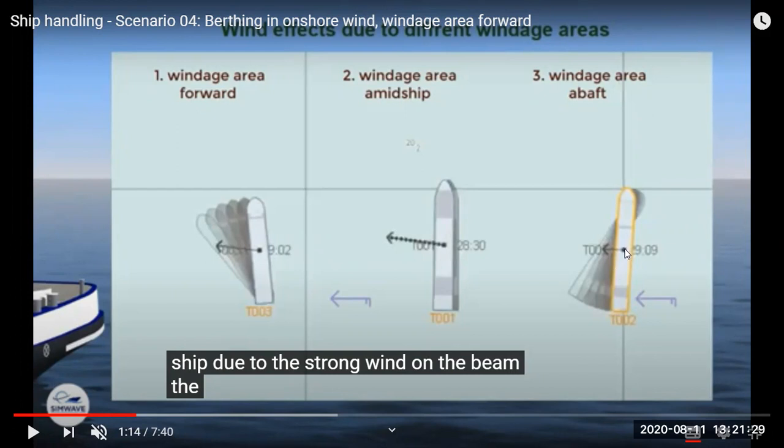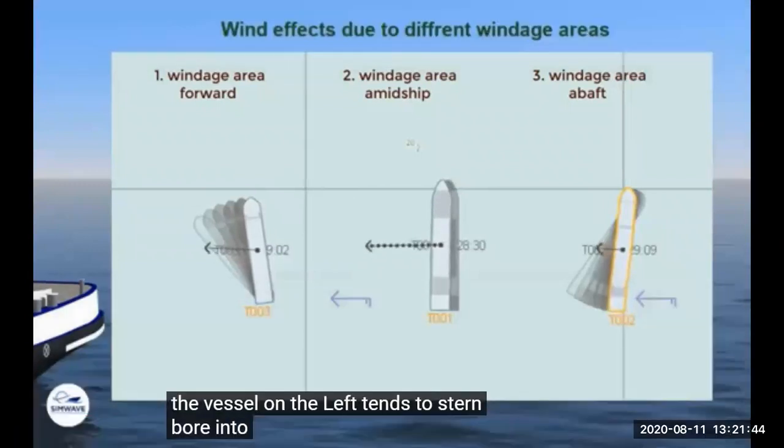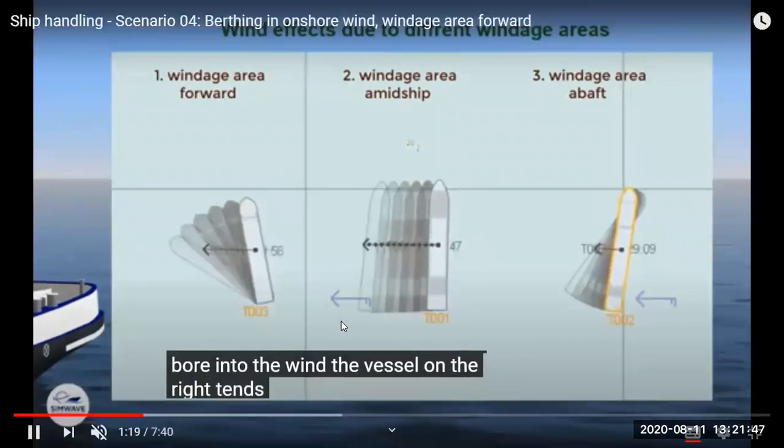Then when the windage area is aft, there is a lever from the pivot point, and the wind is moving the ship. The stern will move away from the wind and the bow will turn into the wind. So let's see how we will use this for berthing.